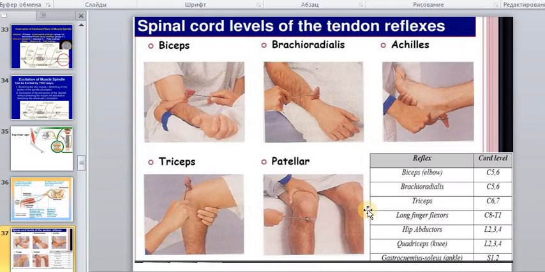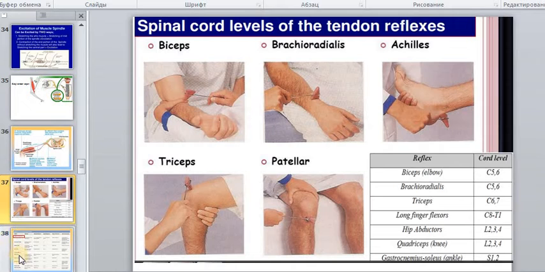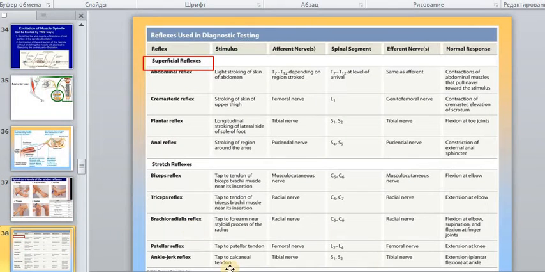And very often we see this reflex when we visit the doctors. This was one example, but there are many such reflexes, and everything is connected with certain segments of the spinal cord, special segments. And here we see a big table.